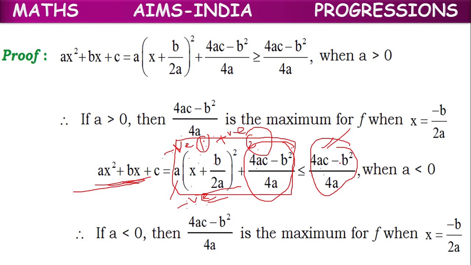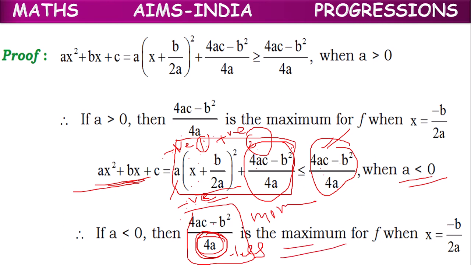Now, if a is negative, the value in the denominator becomes less. If the numerator is divided by a smaller denominator, then the total fraction value will be more, or maximum.